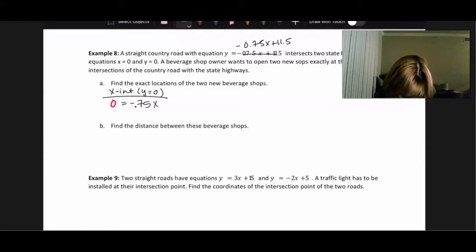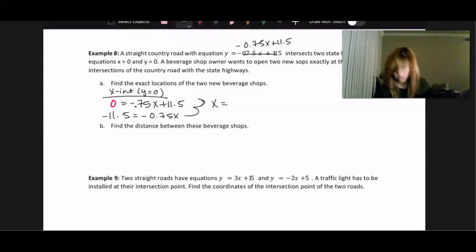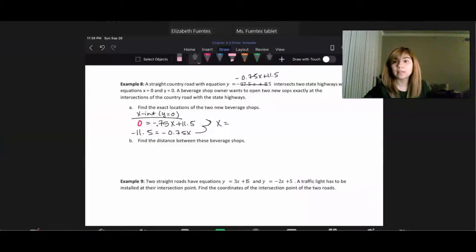-0.75x plus 11.5. Then I just solve for x. So that's going to give me -11.5 equals -0.75x. Divide by -0.75. So let's get my calculator.